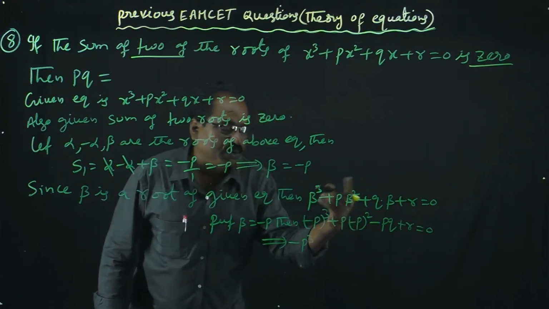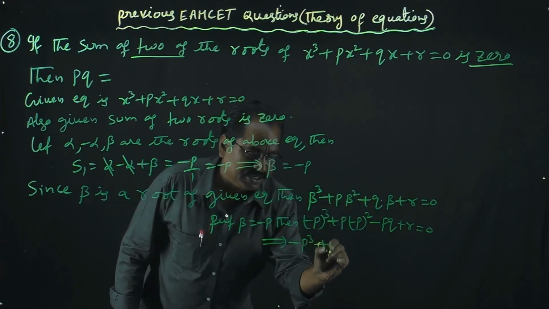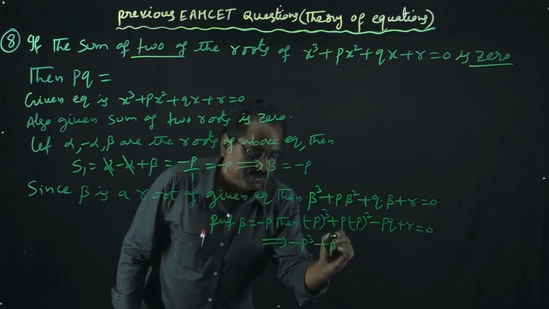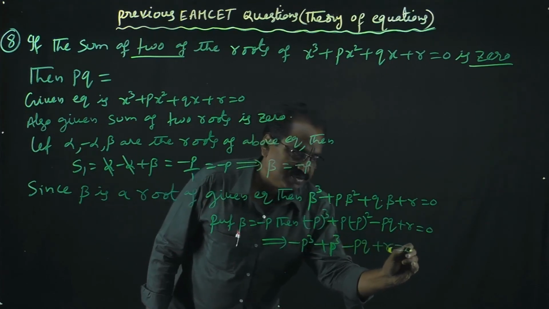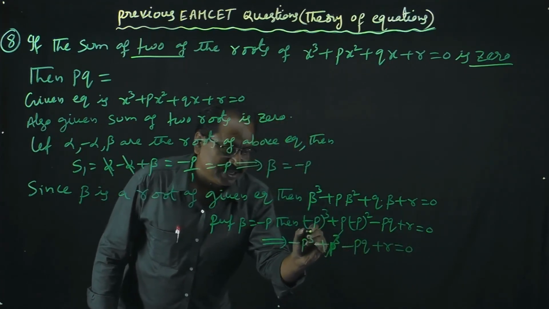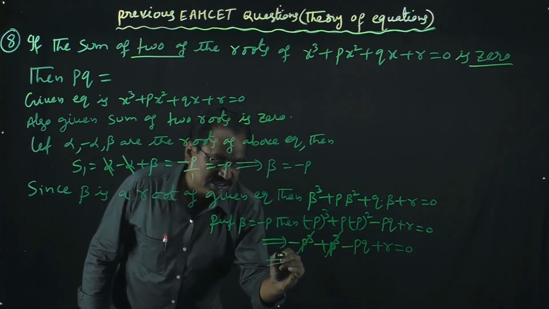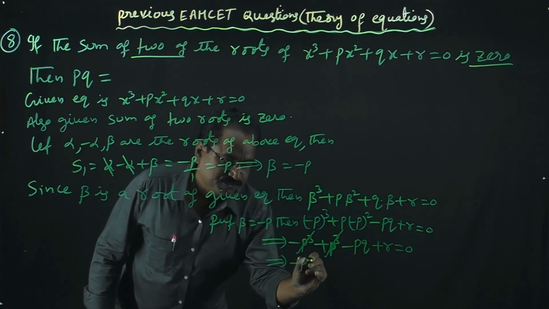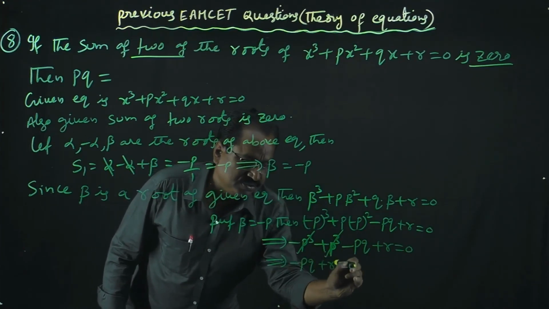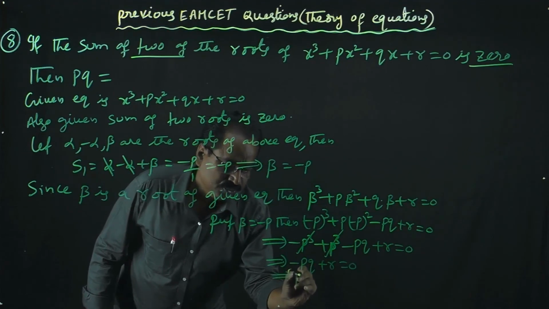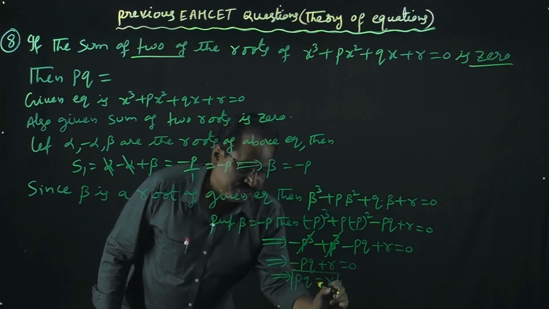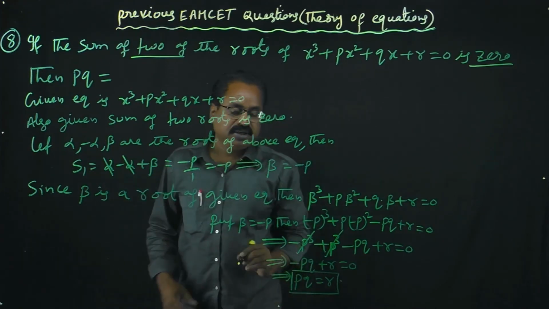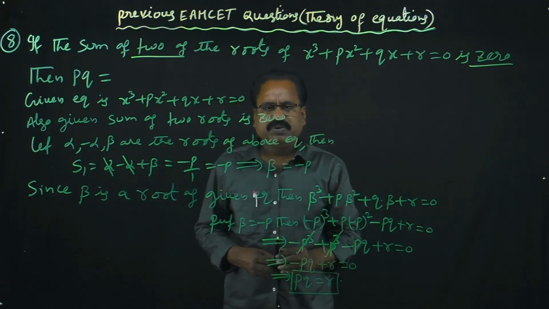Here (minus p) whole square is plus p cube, minus pq plus r is equal to 0. Here minus p cube plus p cube gets cancelled. So minus pq plus r is equal to 0. So pq is equal to r, which is the required answer. Okay, thank you.